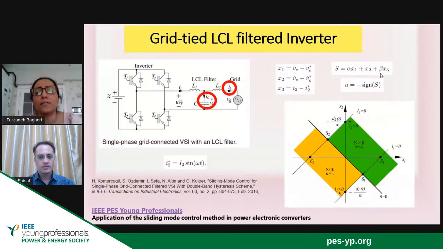finding the values of alpha and beta based on the errors that exist in the system. So it is using a plane of x1 and x2, and then it is considering different situations that can happen for the sliding function and its derivative in this region. And then it applies some disturbances to the system and considers what is happening in these regions.